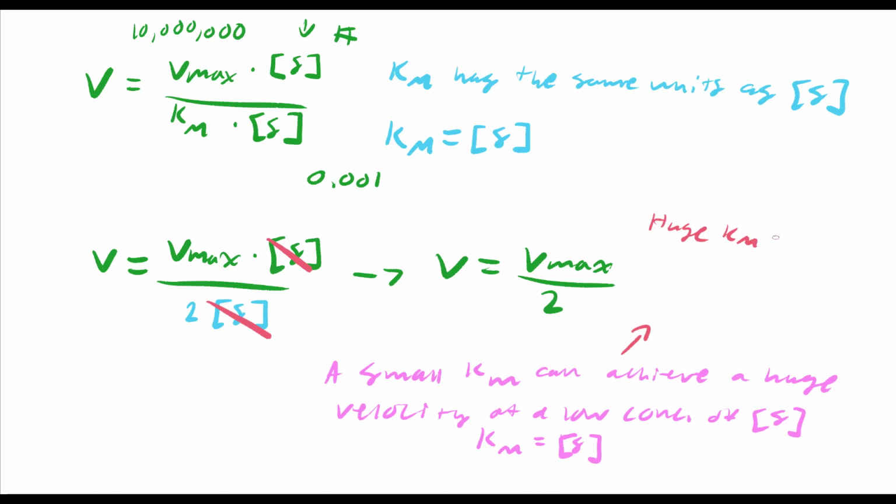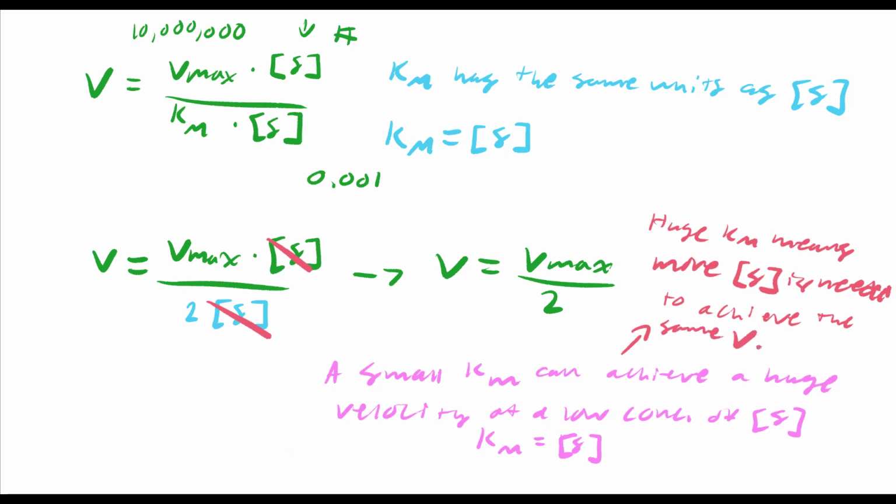Huge Km means more concentration of S is needed to achieve, and I really can't spell, the same velocity. Okay? More specifically, I'm talking about the half of Vmax, okay? That's what I mean.